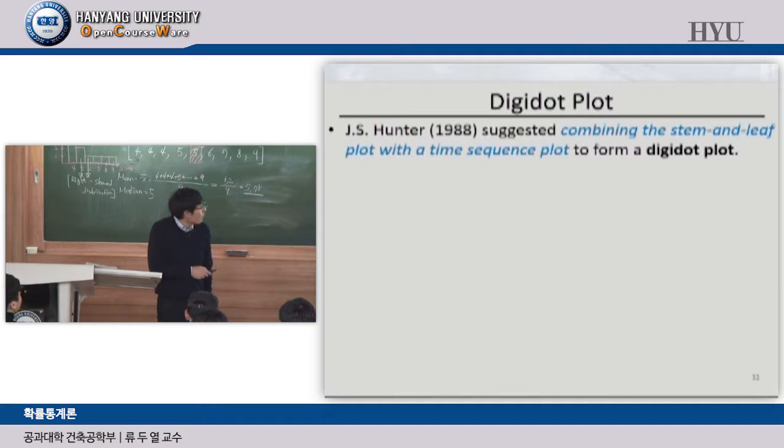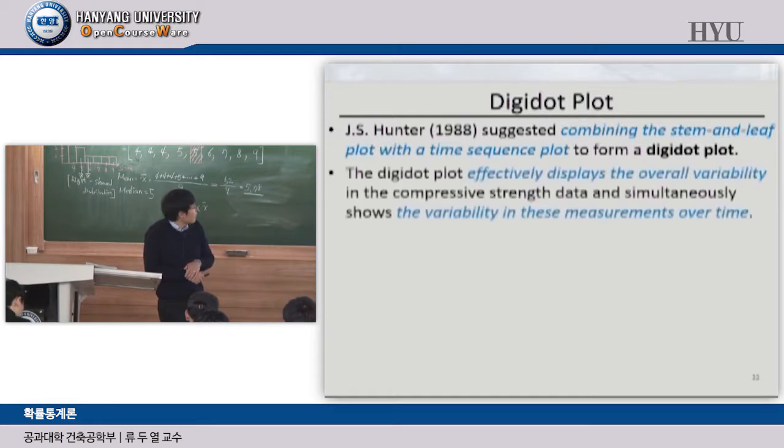And we discussed the time sequence plot in the previous slide. The digidot plot is the combination of the two. It effectively displays the overall variability in the compressive strength data and also simultaneously shows the variability in this measurement over time.